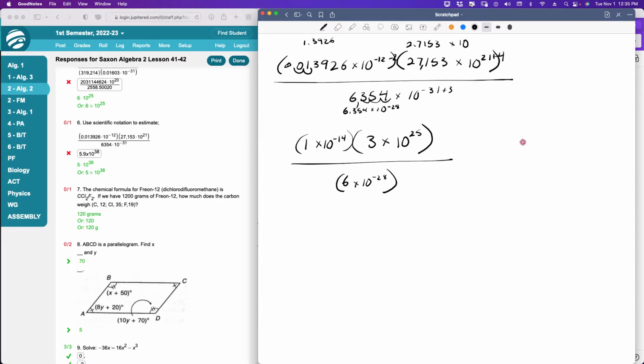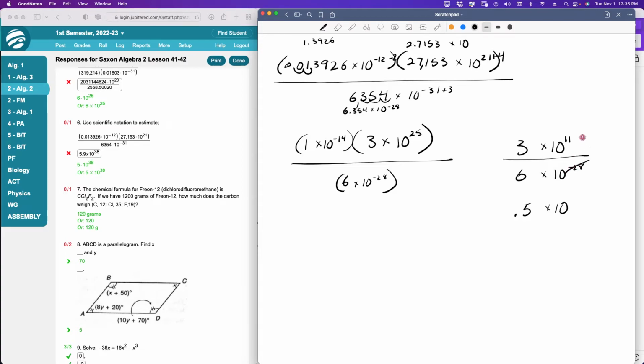Multiply is going to be 3 times 10, and I add the exponents. That's going to be a positive 11, because negative 14, positive 25, over 6 times 10 to the negative 28. 3 over 6 is the same thing as 0.5 times 10.